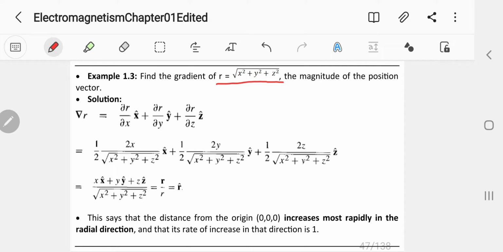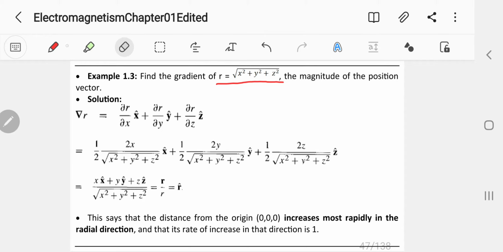So if you get the gradient of r, of course you have to get that one and this one and also that one individually.